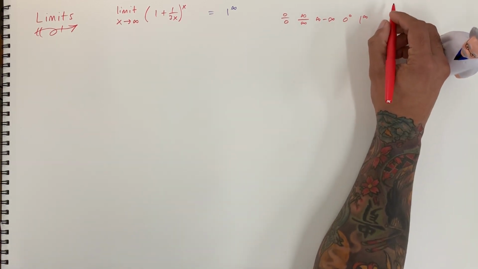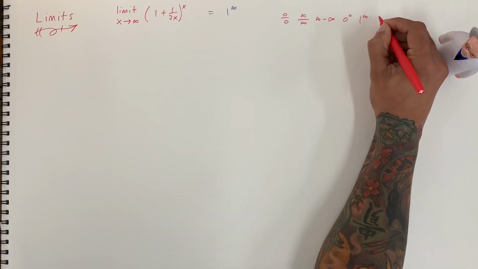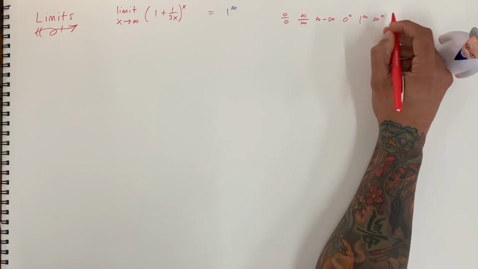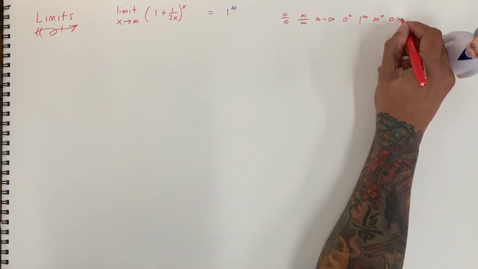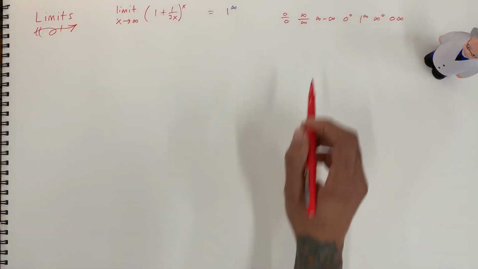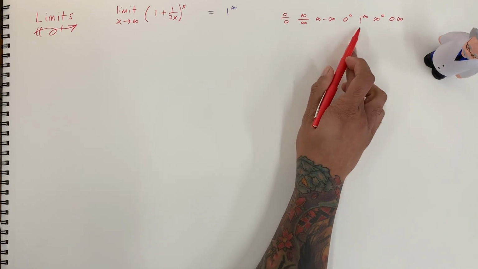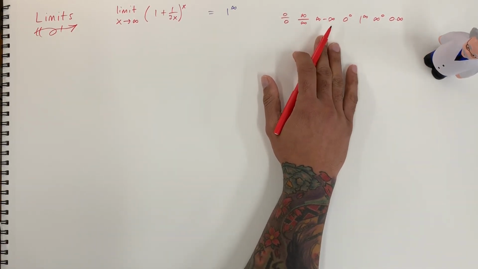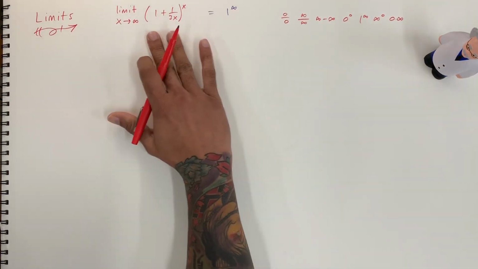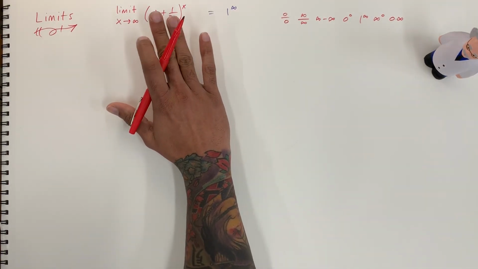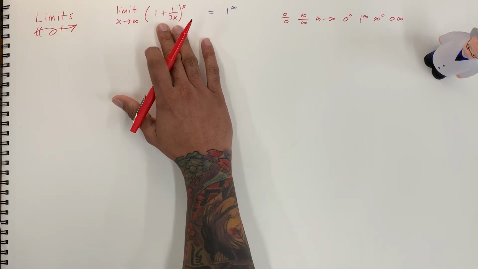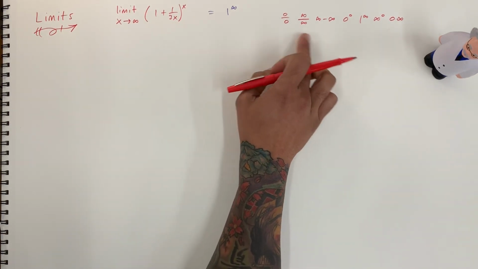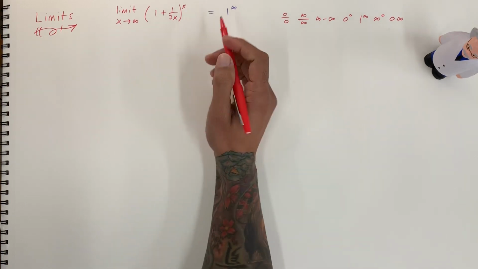And we have the last two, infinity to the 0 and 0 times infinity. Okay, so these are the 7 indeterminate forms. If you see these, then that means you have to do manipulation to the limit. So if you have these terms, you can do L'Hopital's rule.